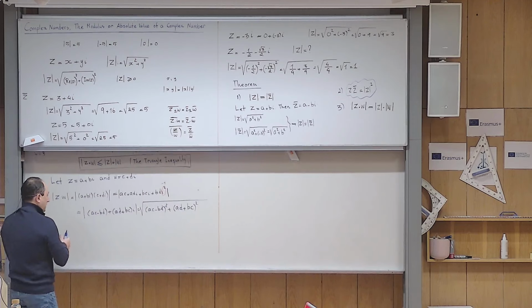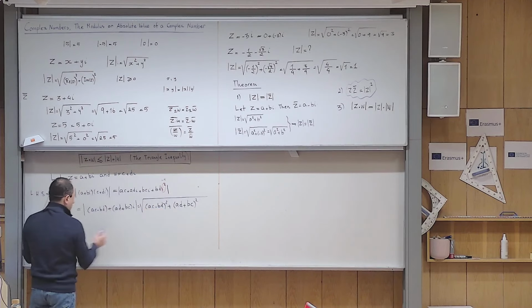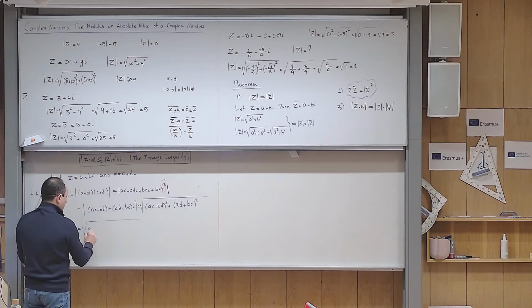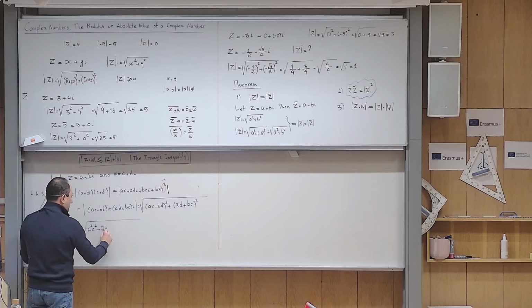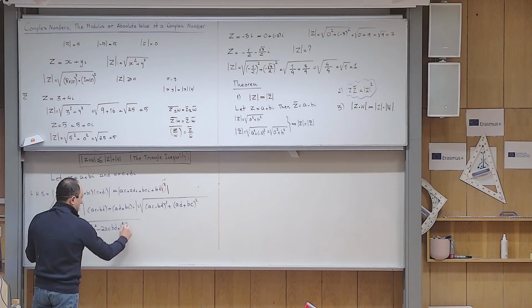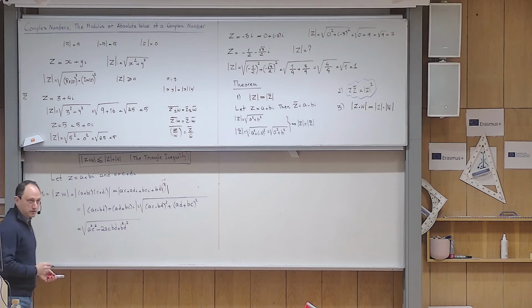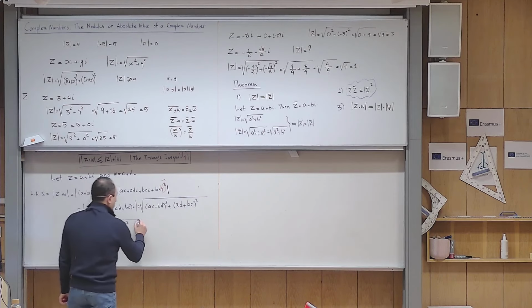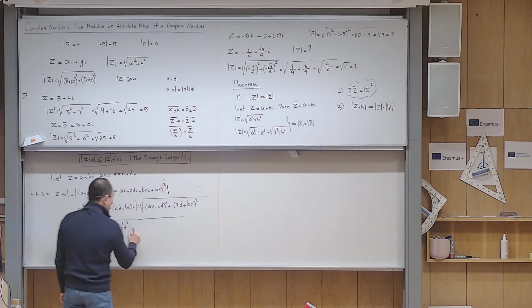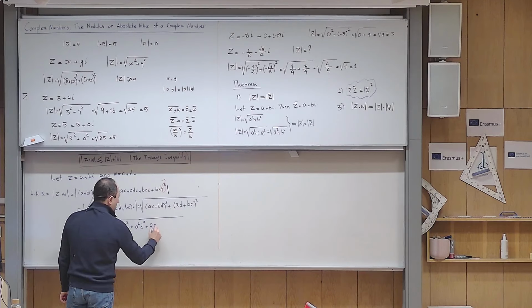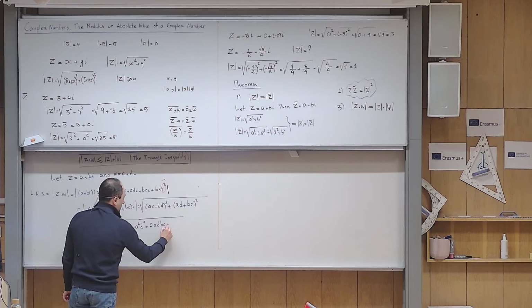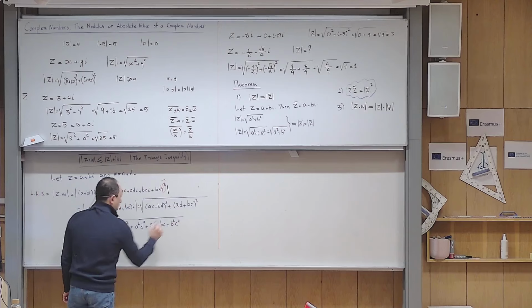So I have to square this one and square that one using the squaring rule from Math 2. The first one squared, 2 times the first one times the second one with negative sign, the second one squared. This is the expansion of the first term. The expansion of the second one is also similar. This becomes plus a squared d squared plus 2 times the first one times the second one plus the second one squared.